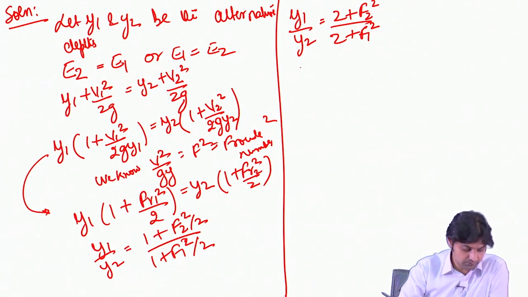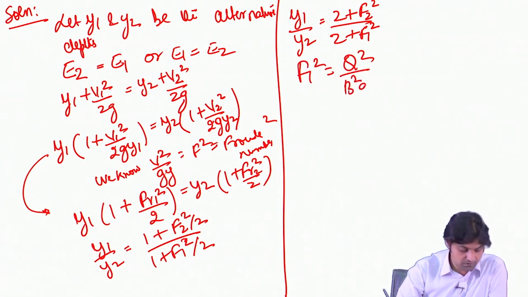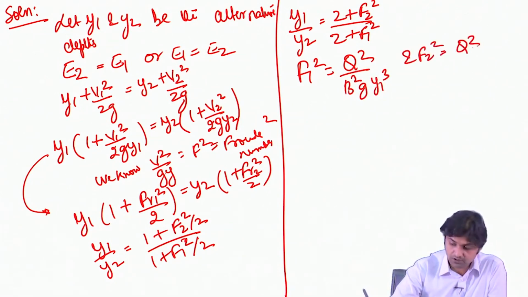So, F1 and F2 we already know, correct. Instead of v, we are writing in terms of Q, where b is the channel width. We know that F1 square is Q square divided by b square g y1 cube, and F2 square is the same thing, Q square divided by b square g y2 cube.